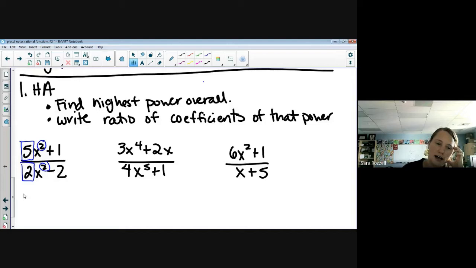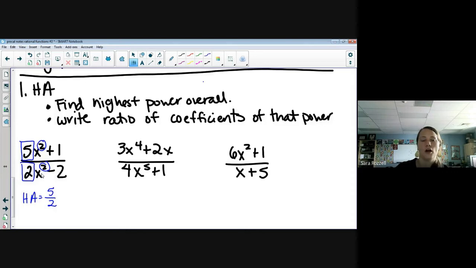So my horizontal asymptote is 5 over 2. That would be 2.5, and that's where you're going to draw your horizontal asymptote. Okay, you okay with that?